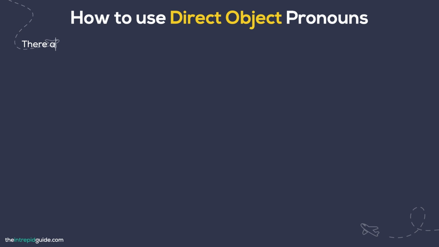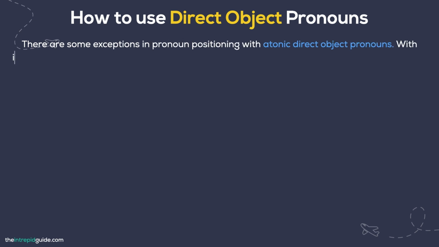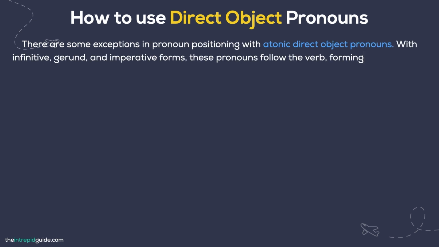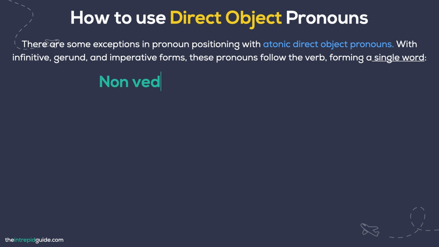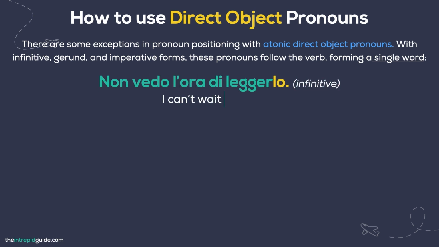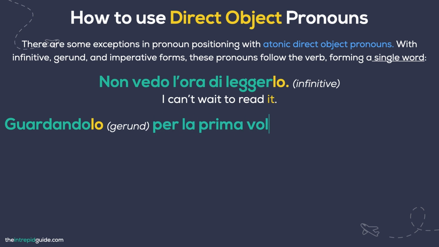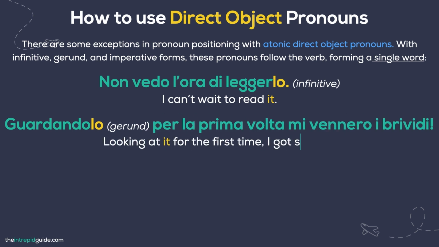There are some exceptions to the positioning of pronouns. With infinitive, gerund, and imperative forms, these pronouns follow the verb, forming a single word. Take a look at this example. Non vedo l'ora di leggerlo. I can't wait to read it. Guardandolo per la prima volta mi vennero i brividi.